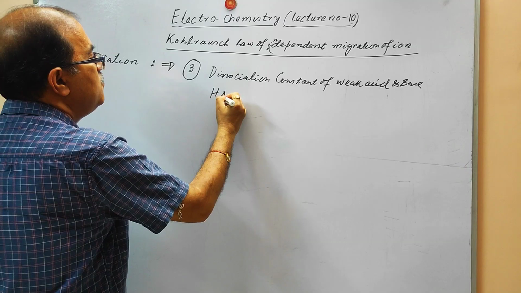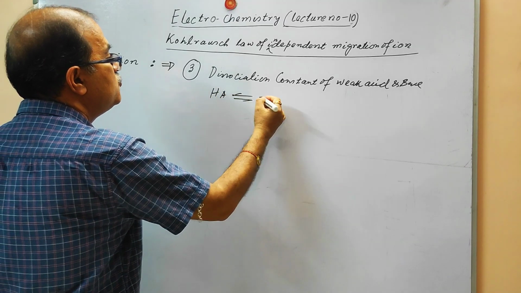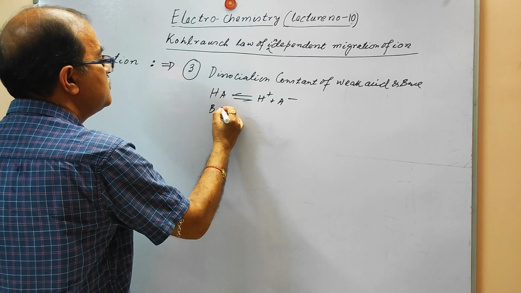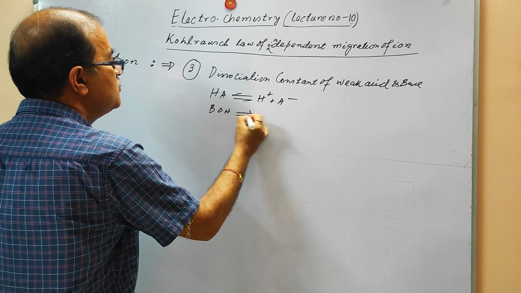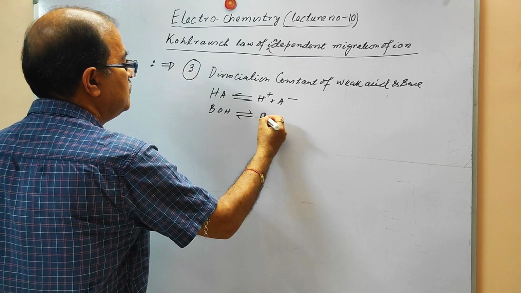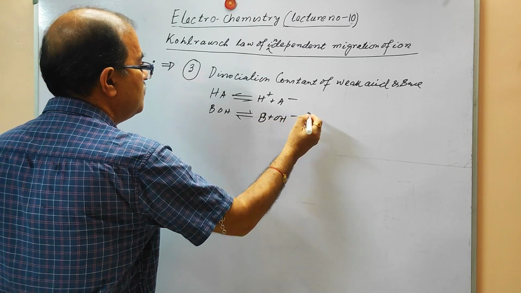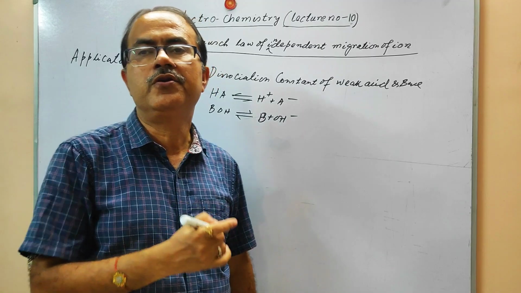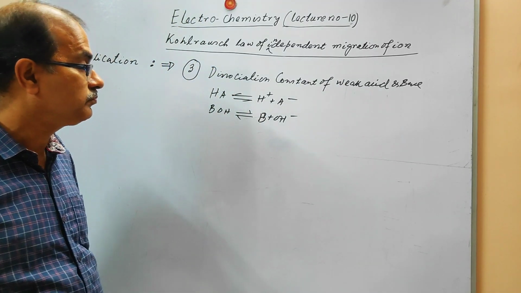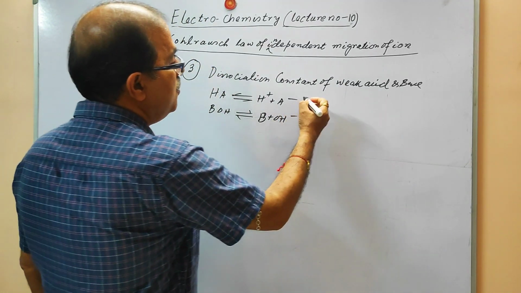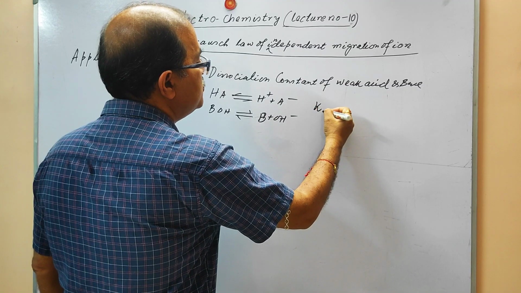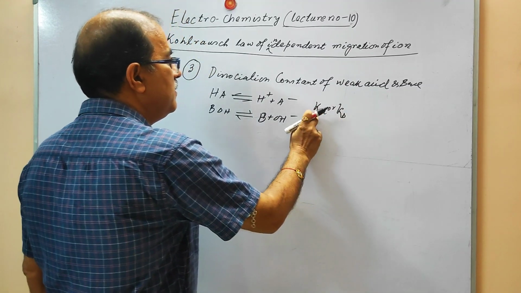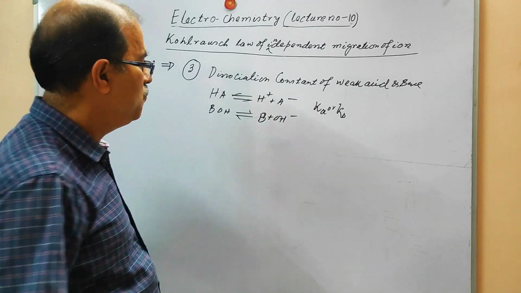For weak acid, we know this will be a dissociation reaction. For weak base, this will be the dissociation reaction. That we have already studied in the ionic equilibrium chapter. So there we know the dissociation constant K for weak acid, Kb for the weak base.